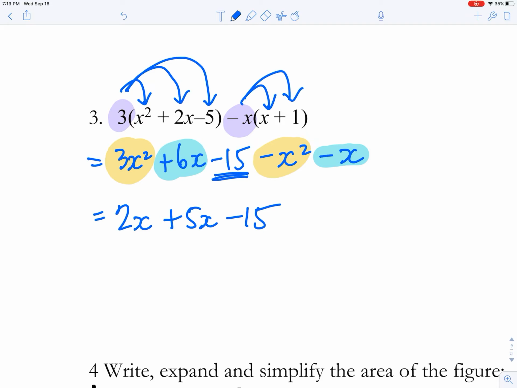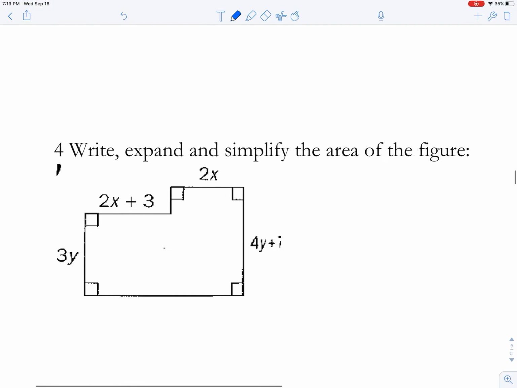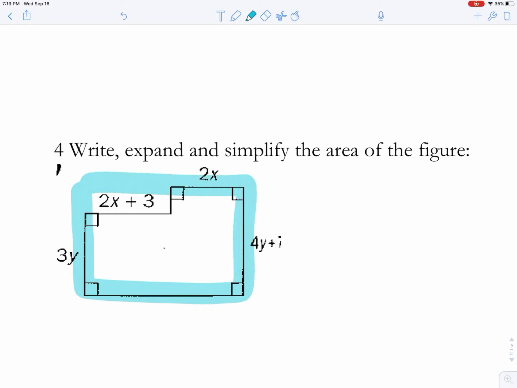Question 4 wants us to write, expand, and simplify the area of this figure. In this one, I'm going to do it by subtraction. In the other lesson when we were doing area, we split it up and added the bits together. This one I'm going to show you what would happen if we had a big solid rectangle and then we subtract away this rectangle.